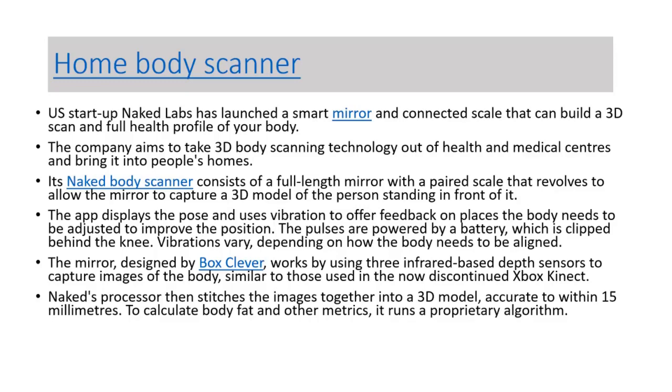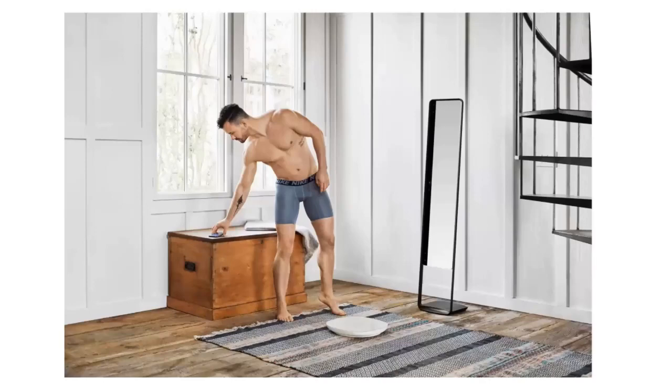So not only a 3D model of the body you can have using this home body scanner, you can also calculate body fat and other metrics. Here is the example: this is the scale, and this man through a smartphone can have the results of the 3D scanner, and the mirror works as a 3D scanner.